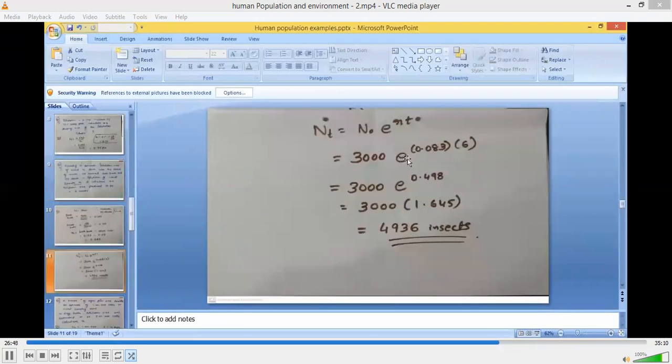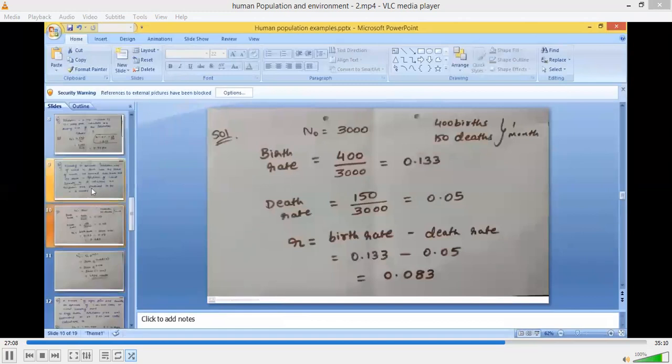So 3000 e raised to 0.083 into 6. First multiply this, then take the log. You will get 1.645, and 3000 into 1.645 is 4936 insects. I think it is clear. So quickly just write this down.